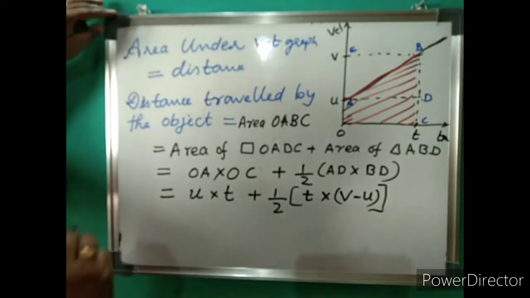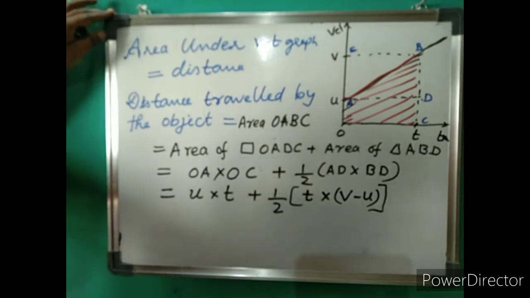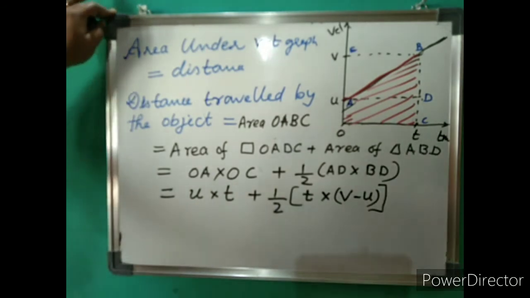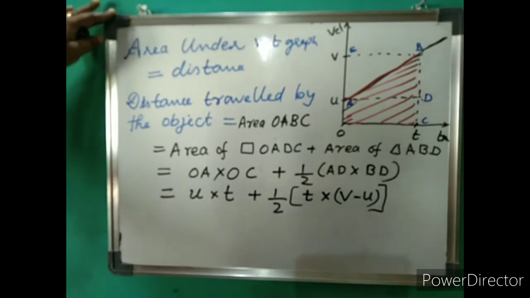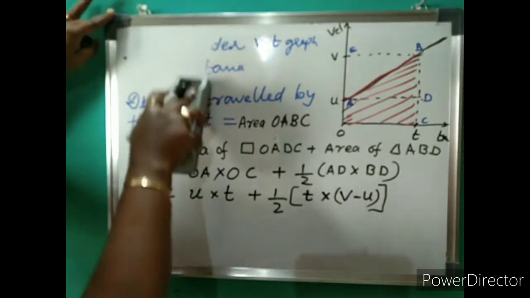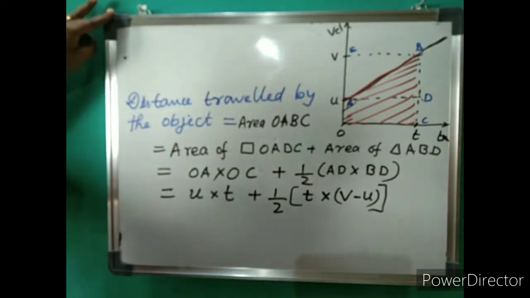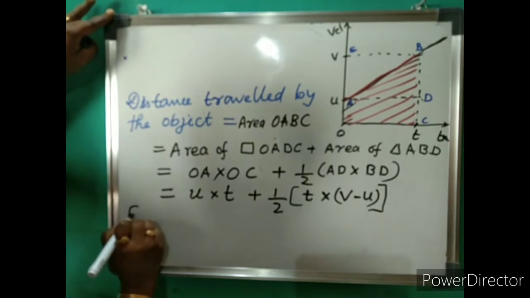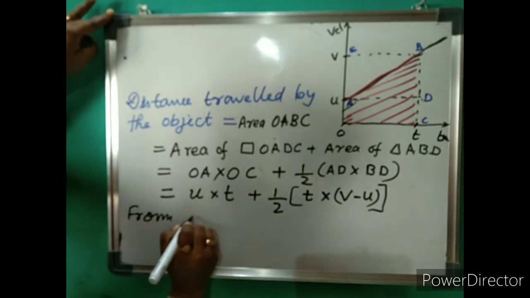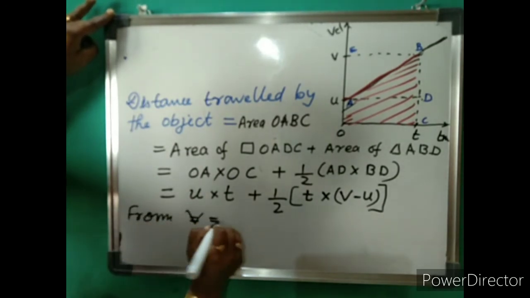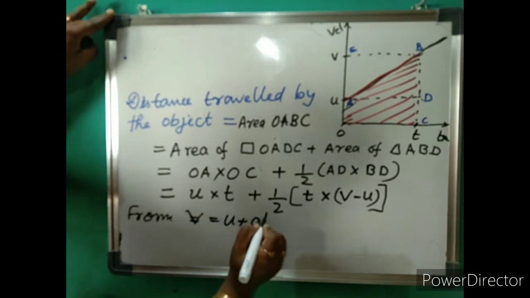Then from our first equation, the velocity time relation, we know that v is equal to u plus at.